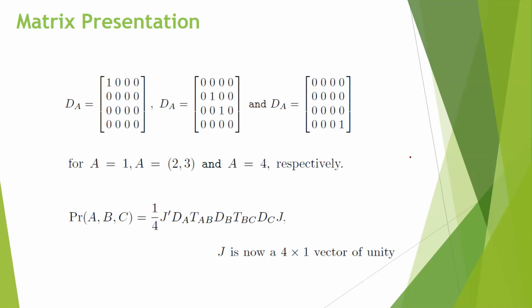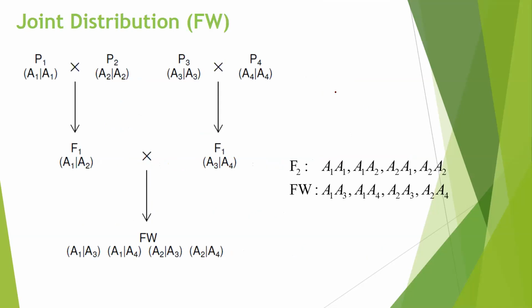Any questions about these slides here? Okay, very good. Now this is a very special design called the four-way design. If you look at the design, we start from 4 parents.